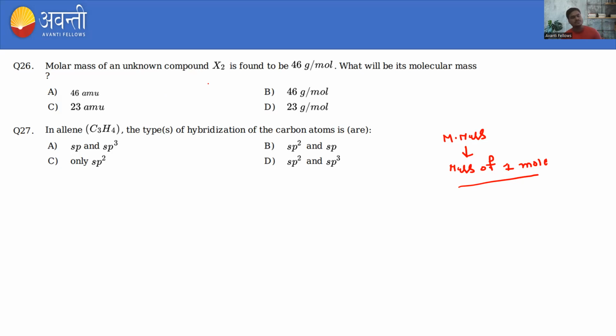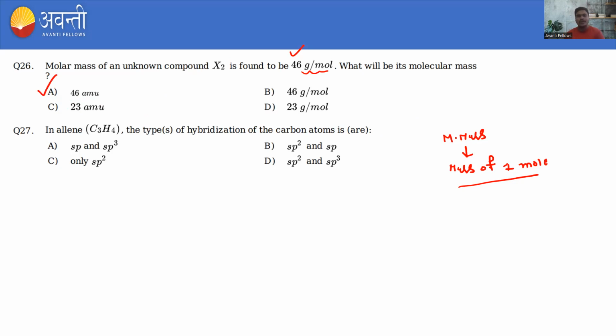If the X2 molecule, or 1 mole of X2, has 46 gram, numerically they are equal. However, molecular mass has its unit in AMU. So numerically 46 is equivalent, but the unit is changed. The unit is nothing but AMU. So option A is correct for this question.